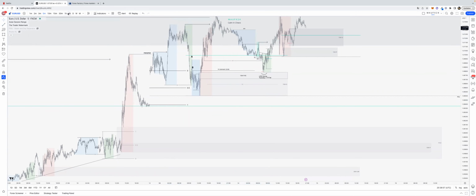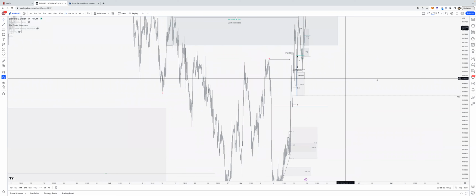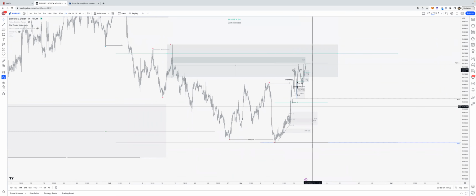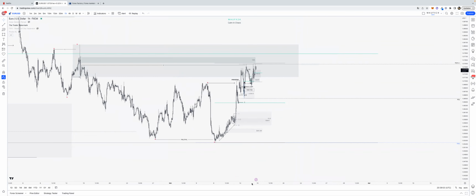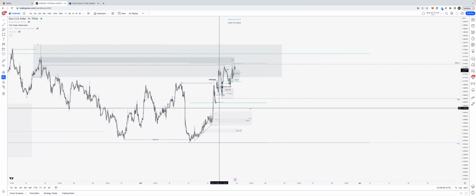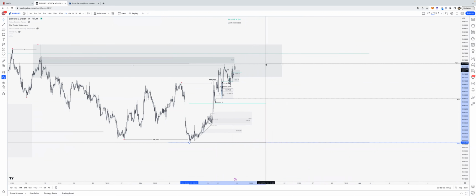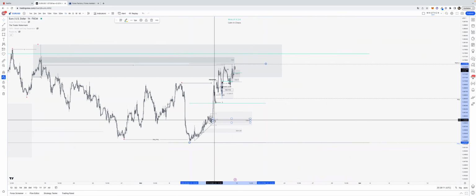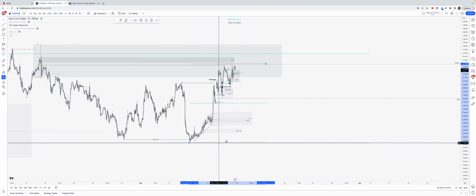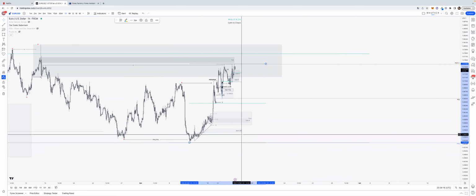If we zoom out and just take this away for a second. I'm gonna clean this up after the recording. I still have to watch something, so you can see price coming into the discount and then look for longs. Although with the liquidity over here, I'm not sure if you want to take longs from there, but it's a fill nonetheless.